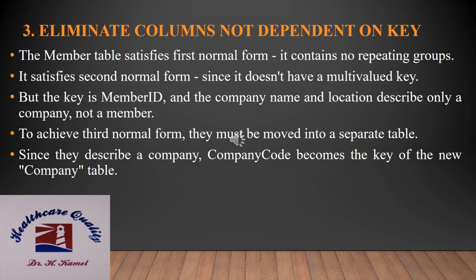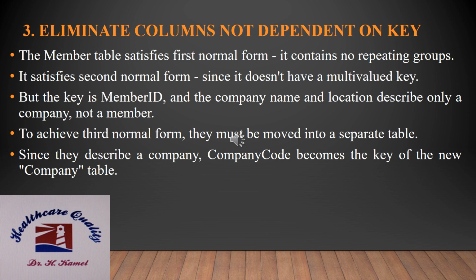The third normalization rule is to eliminate columns not depending on key. The member table satisfies first normal form. It contains no repeating groups. It satisfies second normal form since it doesn't have a multi-valued key.